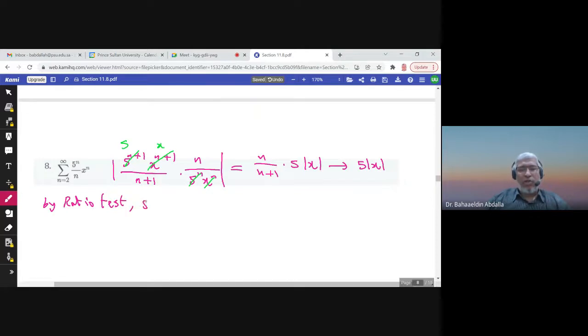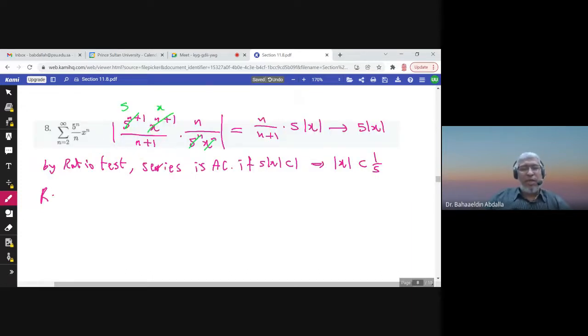And by the ratio test, the series is absolutely convergent when 5 times absolute value of x is less than 1. This means that absolute value of x is less than 1 over 5.